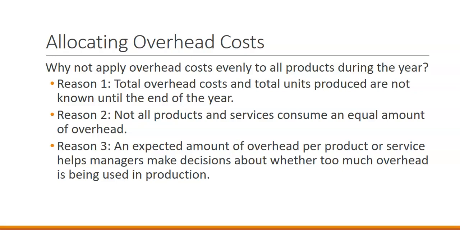And so an expected amount of overhead per product or service helps us make decisions about whether too much overhead is being used in production. So we can evaluate whether or not we're putting too much overhead on products or services.